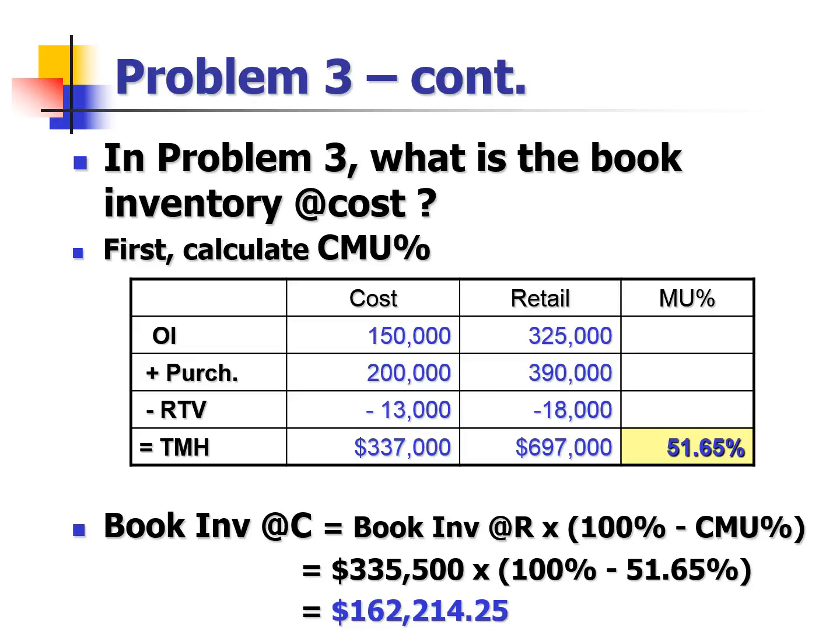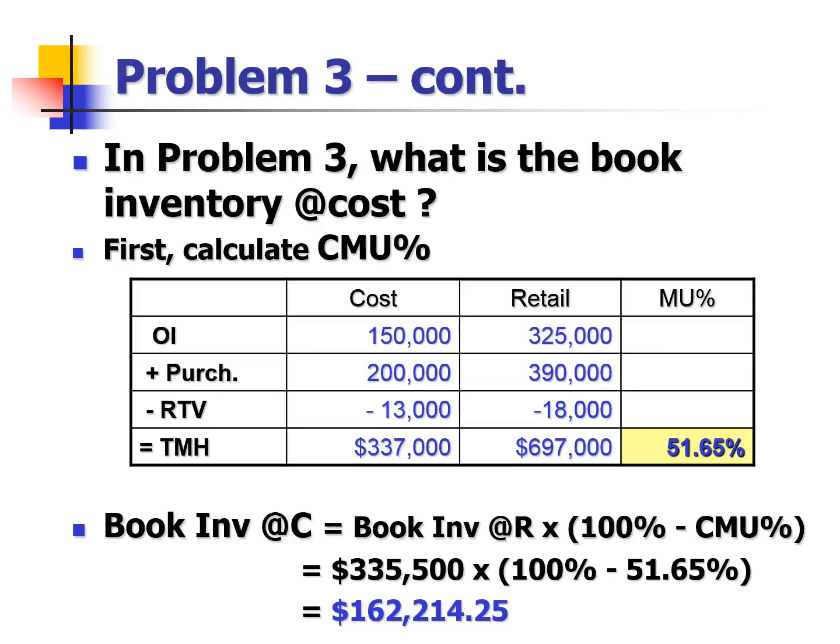Okay, so we first calculated the CMU percent based on the opening inventory plus purchases minus returns to vendor. At both cost and retail, we got the cumulative cost and cumulative retail, from which we eventually calculated markup percent. Cumulative retail was 697,000, and cumulative cost is 337,000.